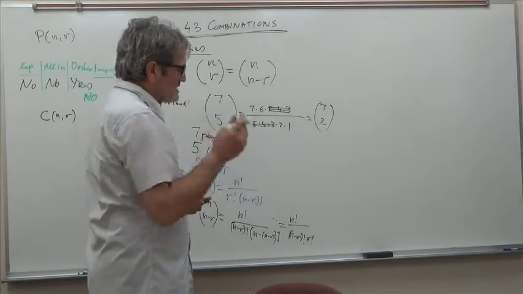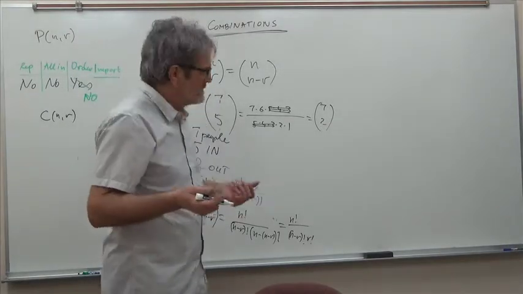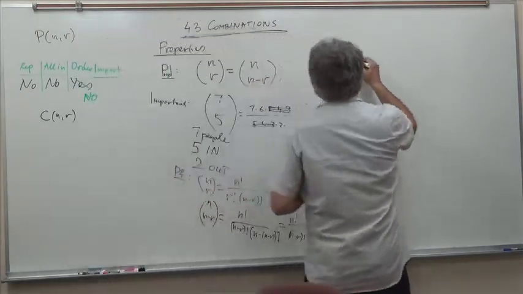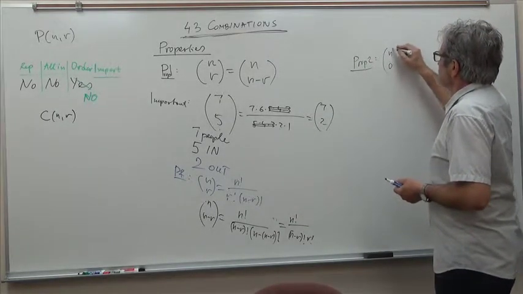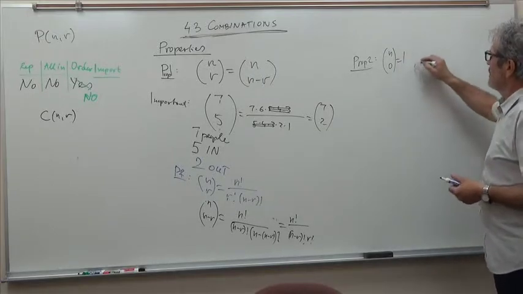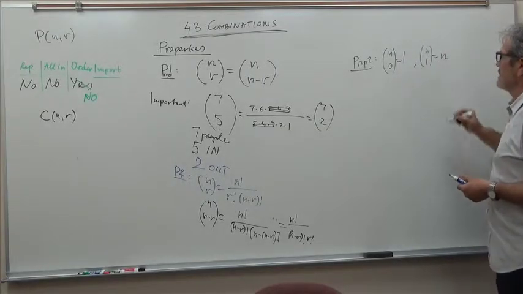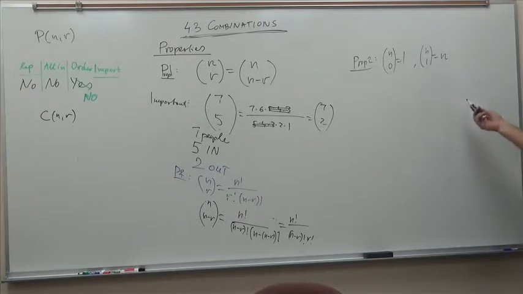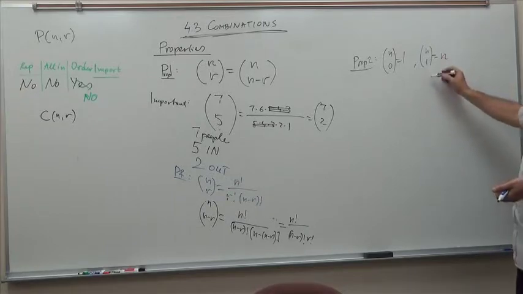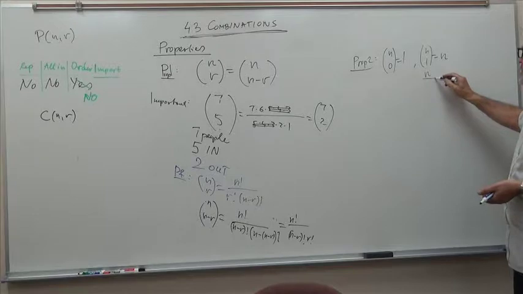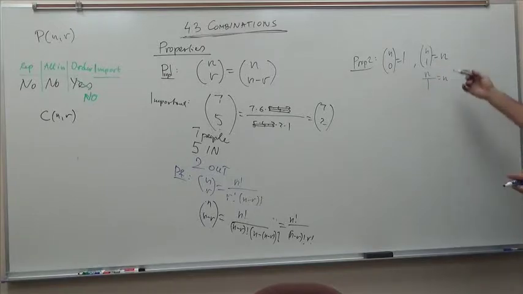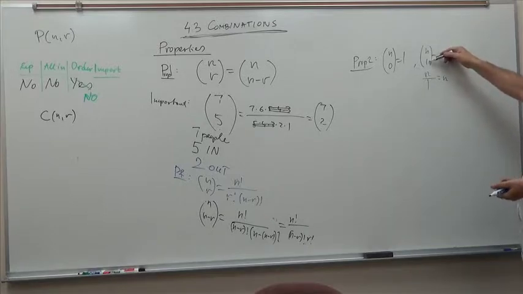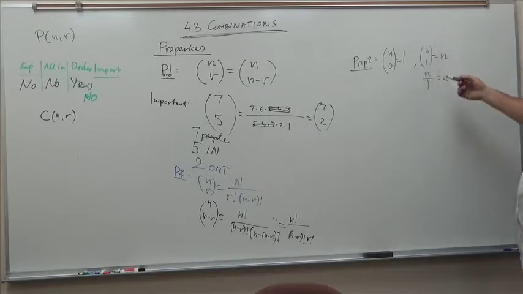Second property is just something to be aware of so that you're not confused. It's very simple. I'll put it here on the side, property 2. N choose 0 is 1, and n choose 1 is just n. Just write the formula. So this one is just n over 1, because just one member, and that's very easy. Combinatorially, if I have n people and I choose 1, I can choose any one of them in n different ways.